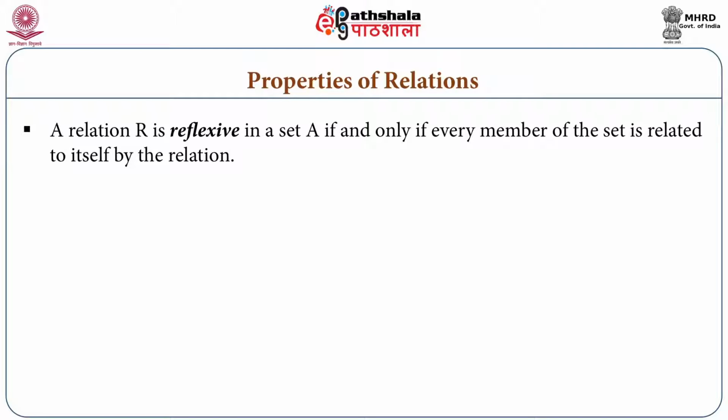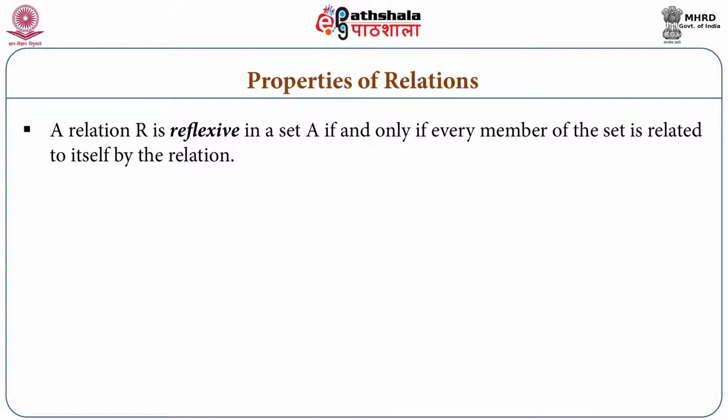So let us look at the technical definition, how it has been defined for us. A relation R is reflexive in a set A. Note that it is always defined in a set, means between the members of a set, if and only if every member of the set is related to itself. See, self-relation by the relation.